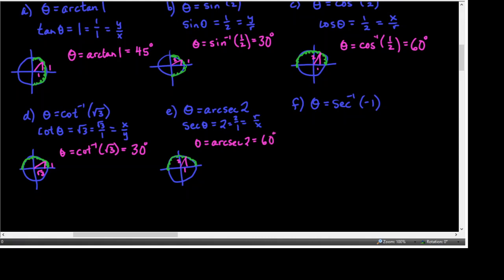All right, then the last one here, secant of theta, rewriting the equation without the inverse, equals -1. I know secant is r over x. Since r has to be positive, the only way that could be negative is if I divide 1 by -1.